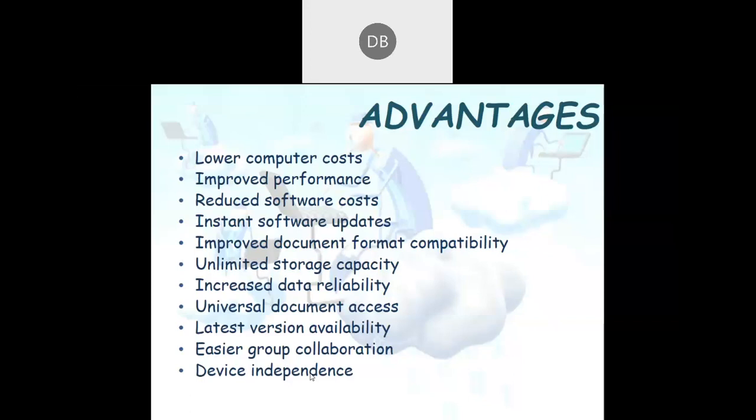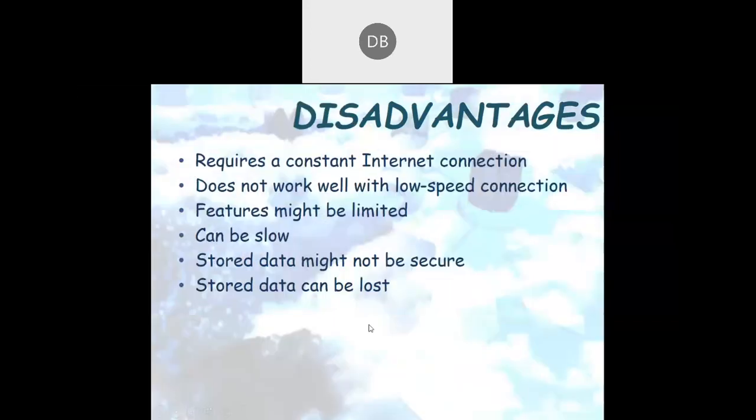Lastly, the advantages of cloud: it lowers the cost of your computer hardware. It improves your performance. It reduces the cost of software. It helps with instant software updates. Meaning that suppose Microsoft comes with a new operating system, then it will be uploaded immediately.